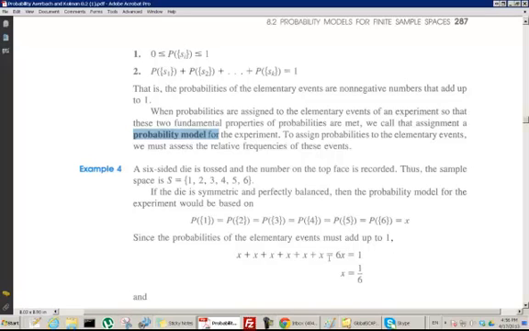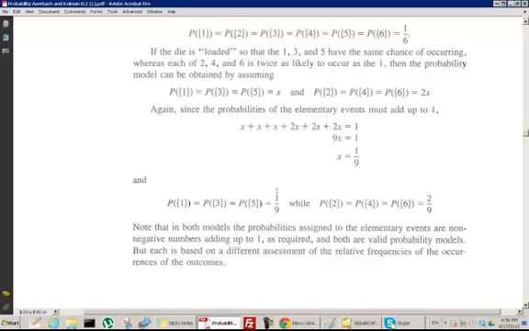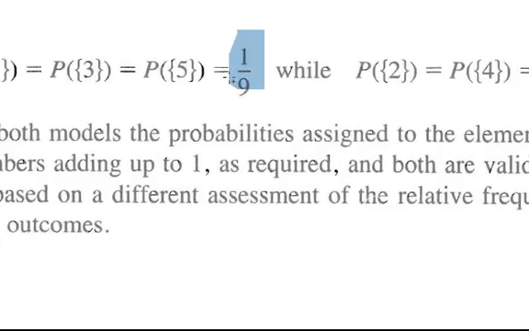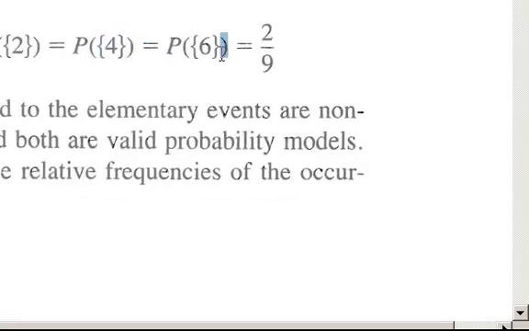So this is one probability model, assigning everything 1/6, and this is a different probability model. Okay, so that's what we mean by a probability model. A probability model is a way to assign probabilities to each of the elementary events. This one, and this one, and this one, and this one. They all have to be assigned probabilities, but not just any numbers.